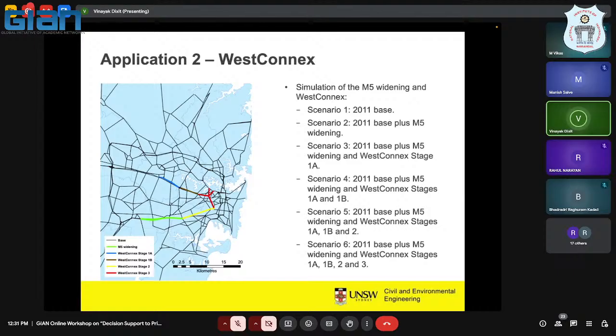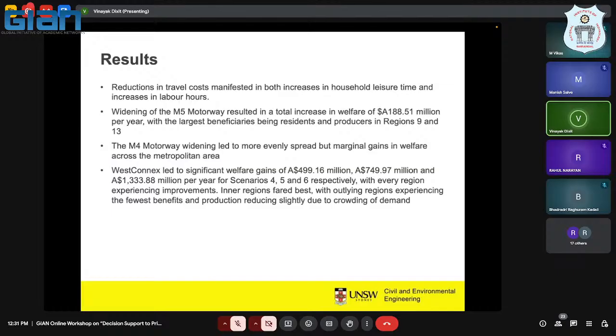This is the second one where we actually had to build out a wider WestConnex. WestConnex is a new tunnel, which in 2011 they were planning, with different stages. We did an evaluation across all of these for the M5 widening. The reduction in travel costs manifested in both increases in household leisure time and increases in labor hours.